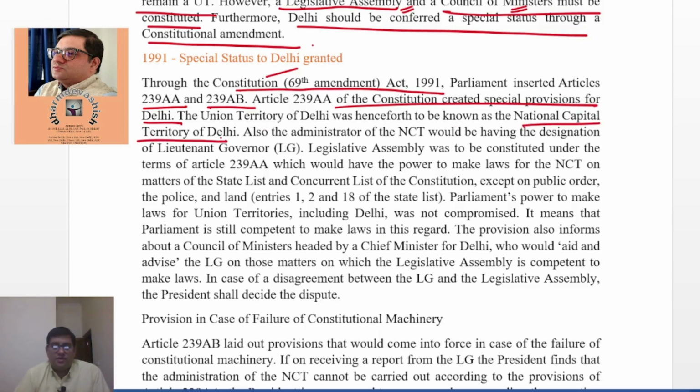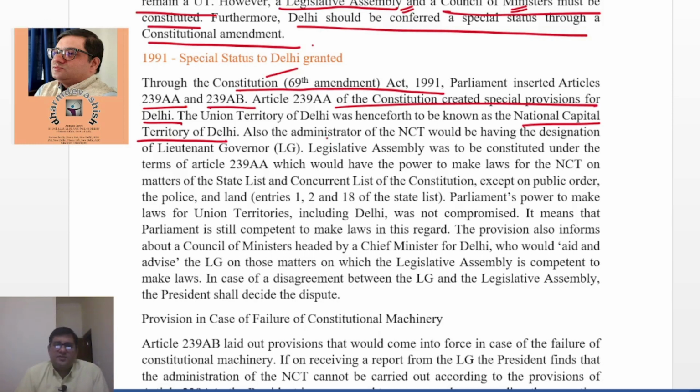Meaning thereby, what we call the Government of NCT of Delhi, this name itself comes from Article 239AA. The usage of the words National Capital Territory of Delhi in place of Union Territory of Delhi has its genesis, its birth, in this Article 239AA.